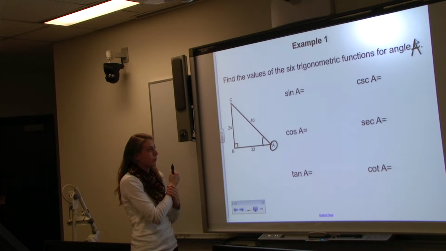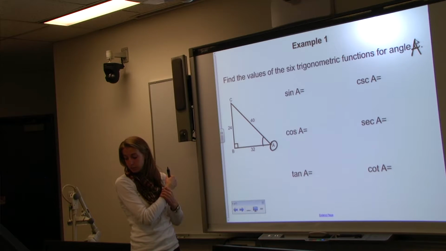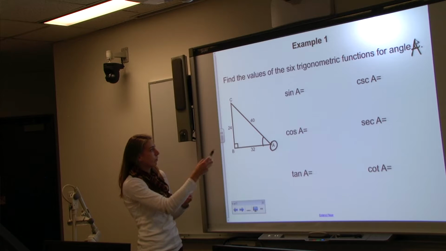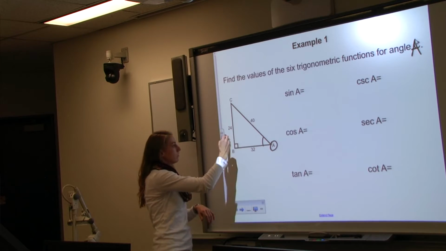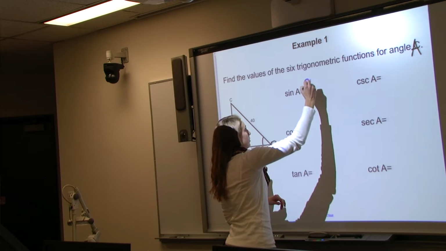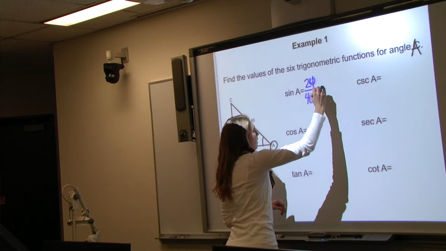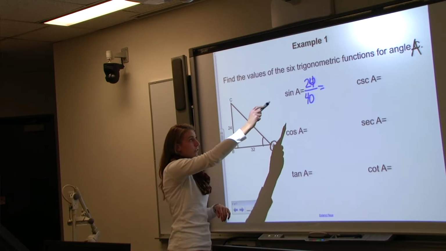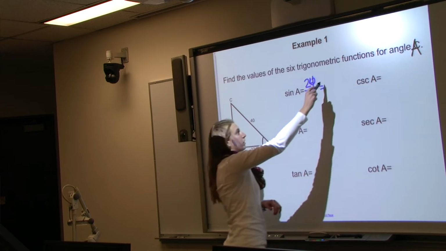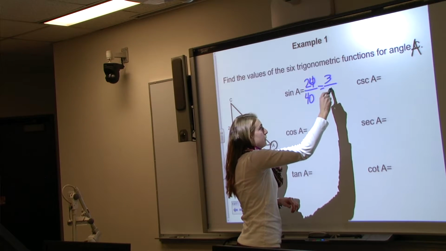And then we'll simplify from there. 24/40. And then we said that is equal to 3/5. Divide both by 8. Good, I like it.